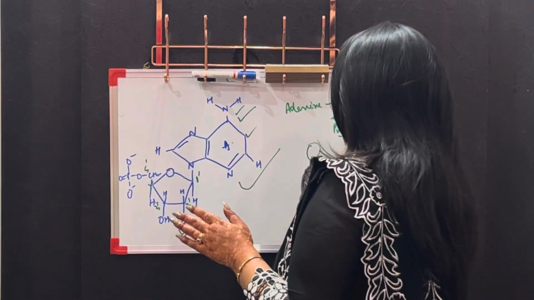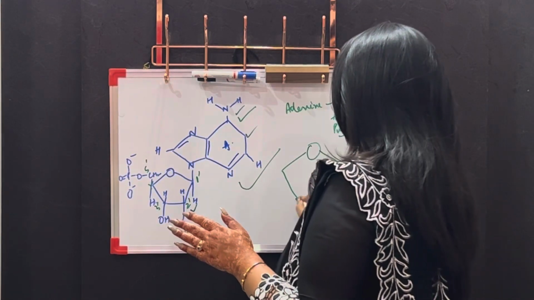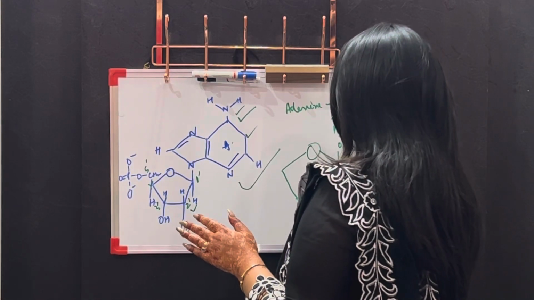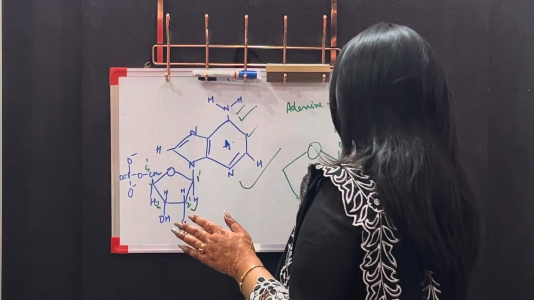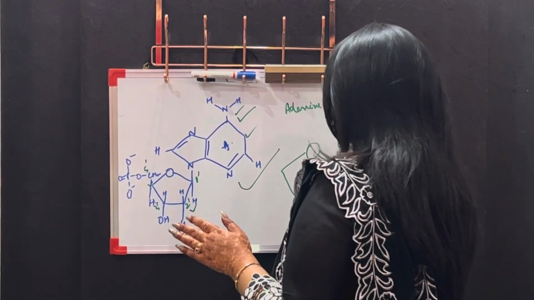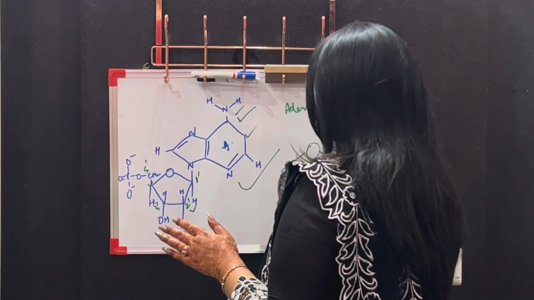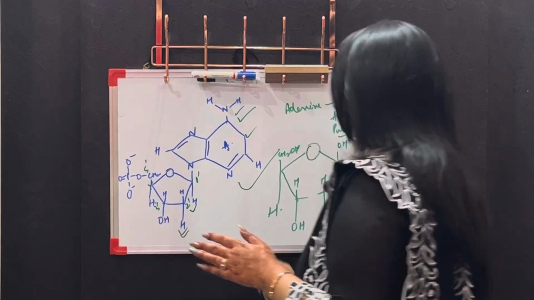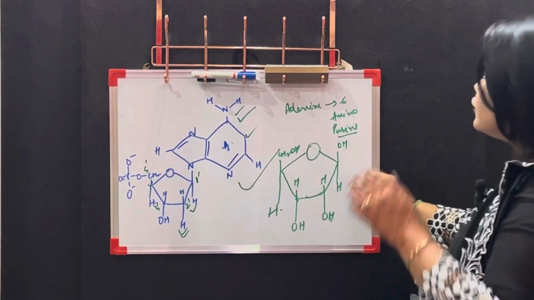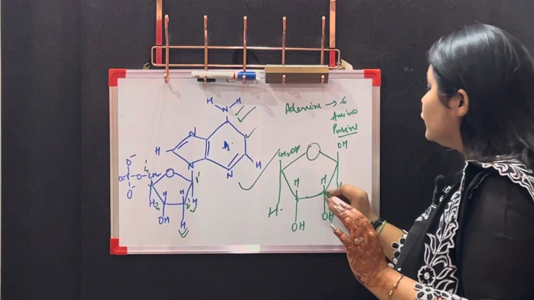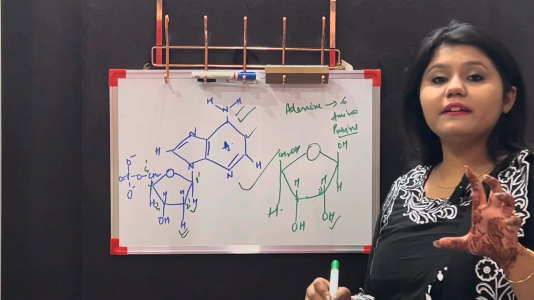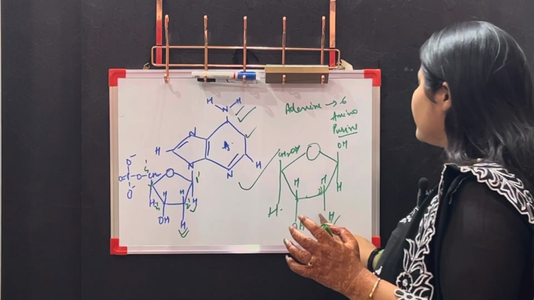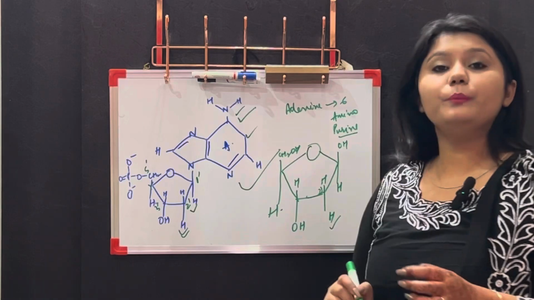The pentose ring is there, and we have OH, H, H, OH, H, OH, then we have CH2OH and H. Okay, so we have OH, H, we have H, OH. On the 2 prime position there is a differentiating factor: for RNA we have an oxygen atom, but for DNA we don't have the oxygen atom. We have only the H atom at the 2 prime position.